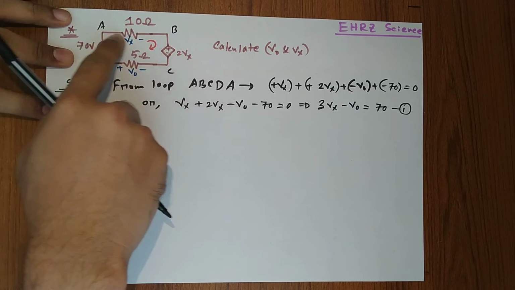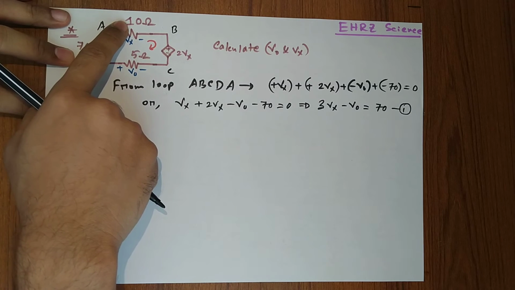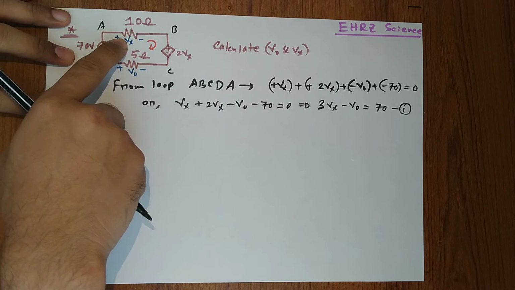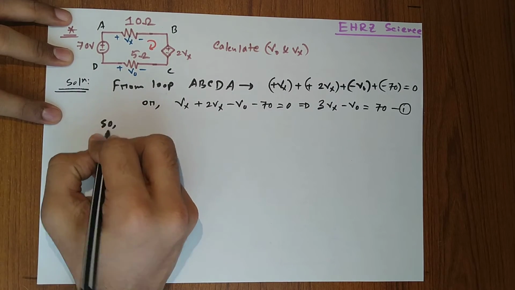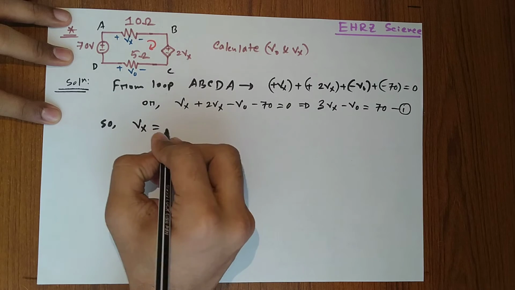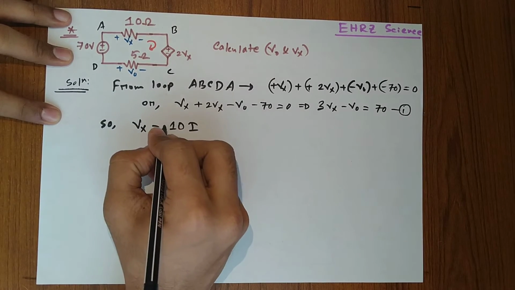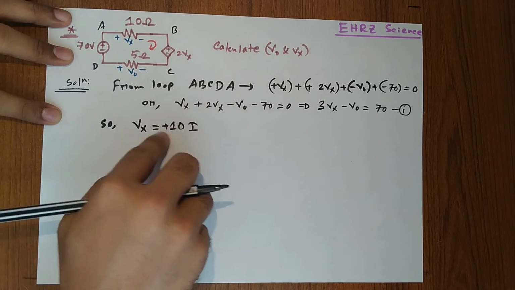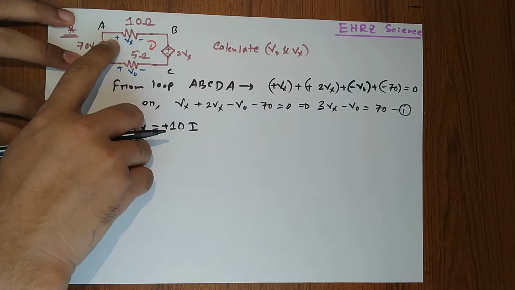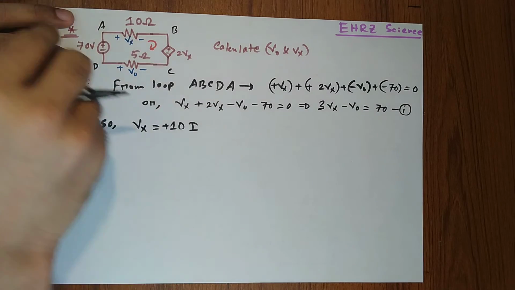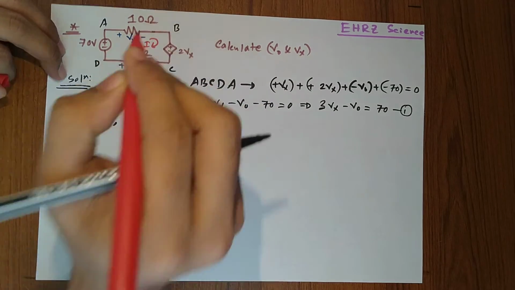So the current enters this 10 ohm resistor, the voltage drop across the 10 ohm resistor is Vx, and the current enters the positive terminal first, so Vx is equal to 10I. You may write down a positive sign here. This positive sign means that we are entering the positive terminal first. We are considering the current in this loop to be I.